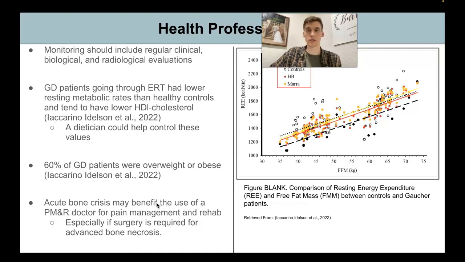And with the bone crises and the painful walking, I think a PMR doctor or a physical therapist would be helpful to manage that pain. Here on the right, we're comparing the energy expenditures of someone with Gaucher and normal healthy controls. If we look here at the black line, you see how much lower our metabolism is than those that have normal healthy controls.